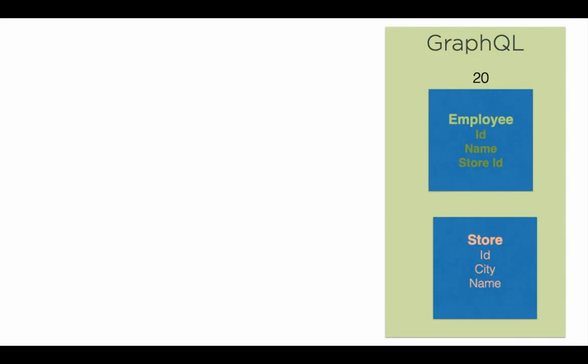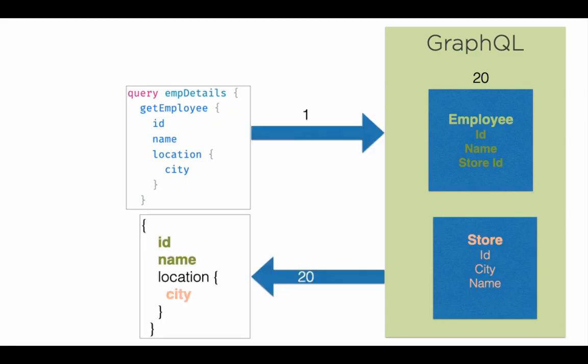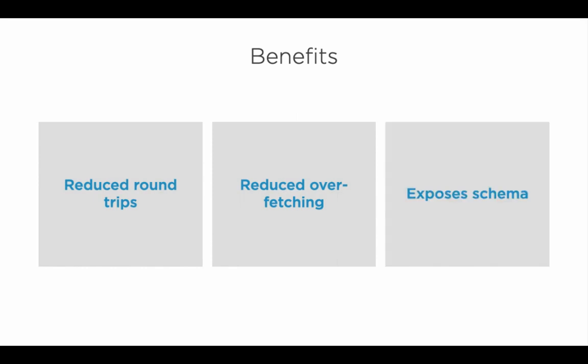With GraphQL, we will issue a query like this where we specify the structure and the attributes we need, make one call, and get all the 20 employees with the city of their store in one go in the final structure we need. So certainly it is more efficient, reduces multiple round trips, there is reduced overfetching as we just get the attributes we want, and it also exposes the schema and the available queries to the client, providing documentation of what is available to call.